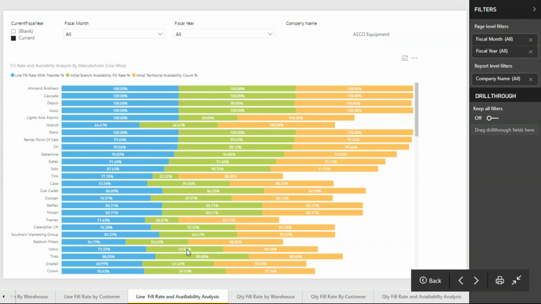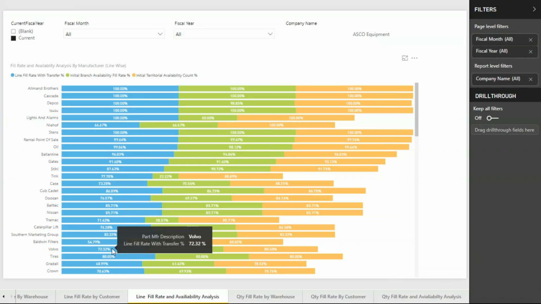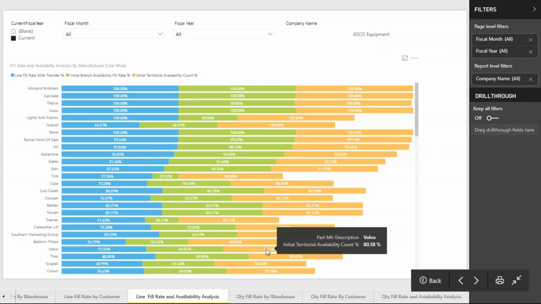You can look at Volvo, so 65 is branch, 80 is territorial, and 72.32 is what your actual fill rate is. So based on your availability, it could have been about 80, but there are times when you're not transferring.